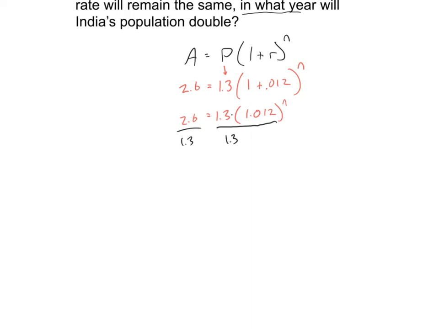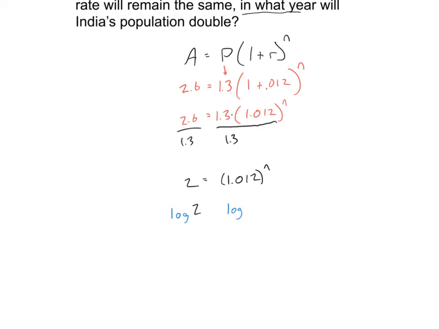2.6 divided by 1.3 is 2, because the population is doubling. 2 equals 1.012 to the nth power. You can keep the parentheses or drop them off now, it's up to you. Now, to solve for the exponent, this is where we involve logs or logarithms. Just like the earlier example, we take the log of both sides of this equation.